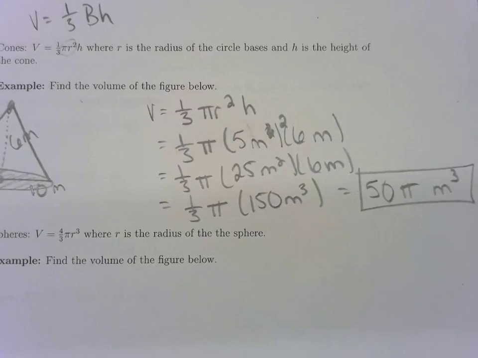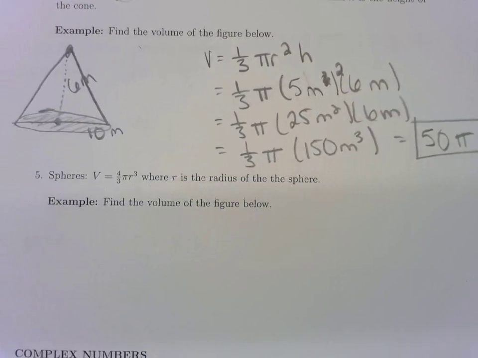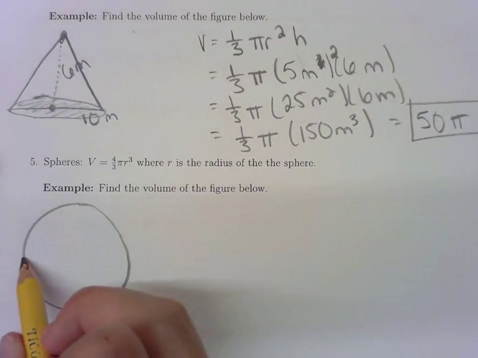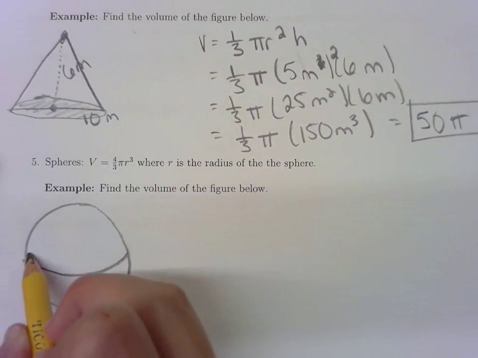And then one last volume. For spheres, volume equals 4/3 pi r cubed, where r is the radius of the sphere. A sphere is like a basketball or any type of ball. How you draw that, I just start with a circle and then I have an oval in the middle, where the back of the oval is dotted.